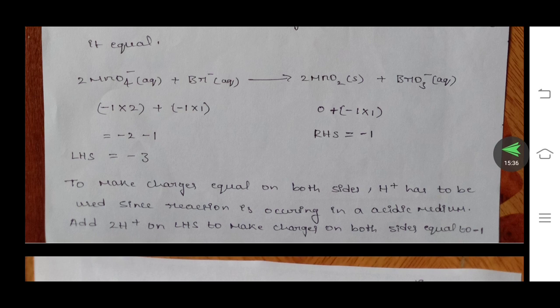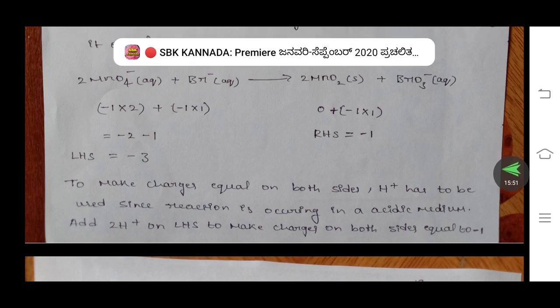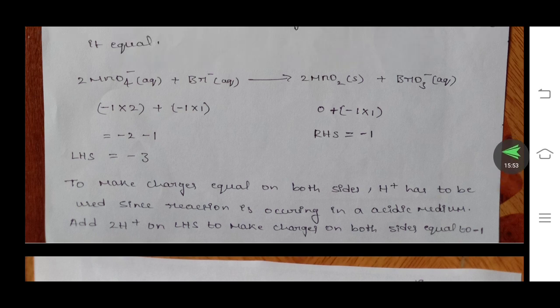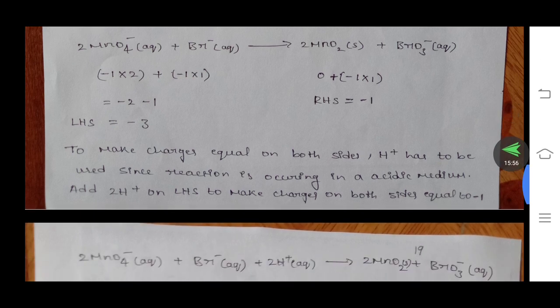So the total charge on the left hand side is minus 3. On the right hand side, you check: in MnO2 it is 0, plus in BrO3 minus, minus 1 is there, so that is minus 1 only. Now how many more charges are on the left hand side? That is minus 2 charge extra on the left hand side.